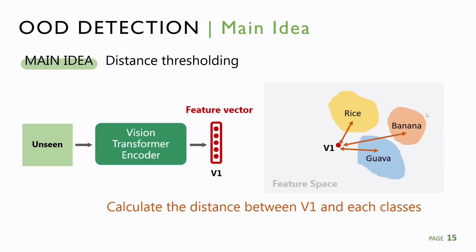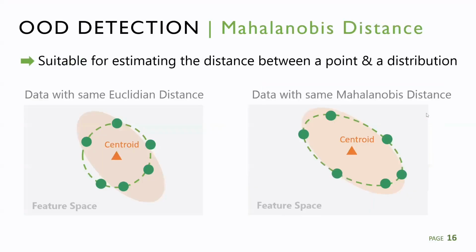There are several steps, but the main idea is that we want to calculate the distance between the centroid of each class and the image input V1 point over there.